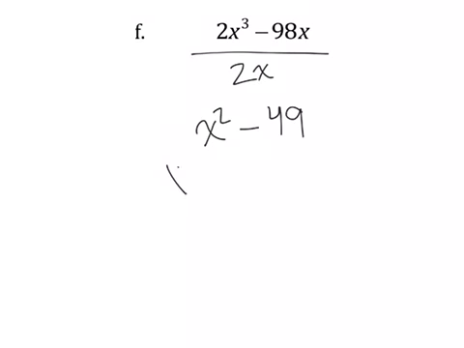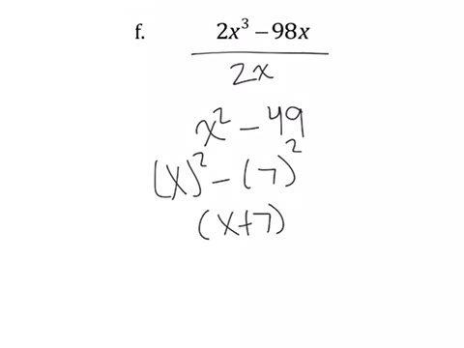Here again, we have our difference of squares. So I'm going to have x being squared and then 7 being squared. So I'll end up with x plus 7, x minus 7. And all of this is going to be multiplied by 2x because that is what we factored out of it at the beginning.